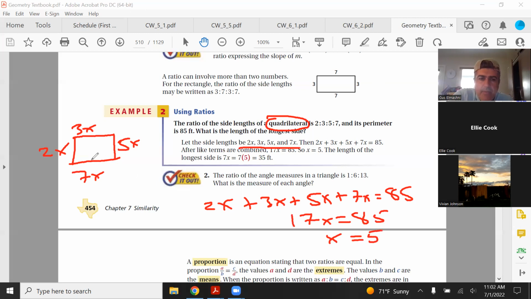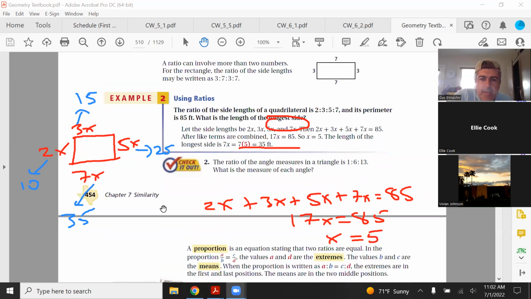So x is 5. Therefore, that's 10, that's 15, that's 25, and that's 35. Add them all up, and you do get 85. So that's a way you can go about these somewhat more complex ratio problems.